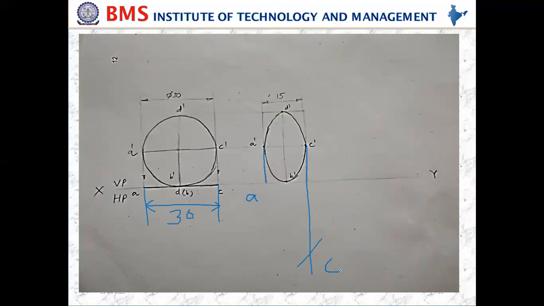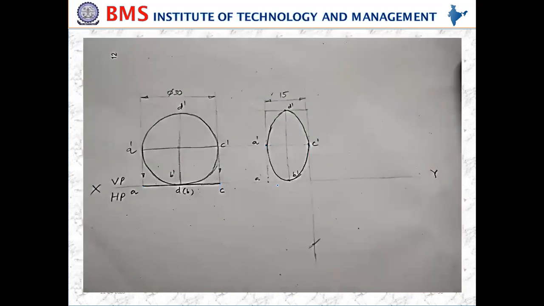This length AC is equal to 30 mm. Here, with A as the center and AC length as the radius, draw an arc to cut the C dash projection, to get AC with a 30 mm length.